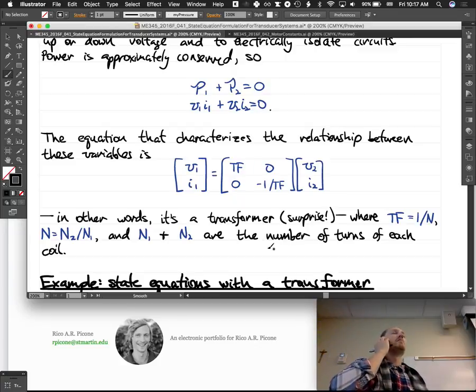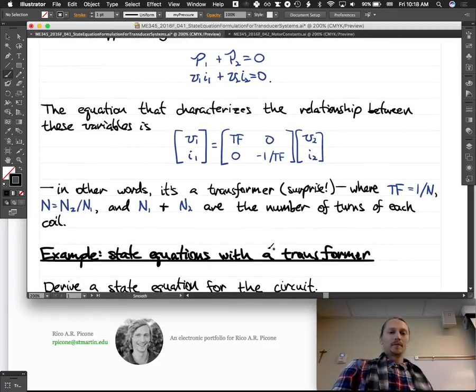So sometimes you just have to be able to tell from context what is being talked about. All right. And the transformer ratio is 1 over n, where n is equal to the ratio of n2 over n1, where n1 and n2 are the number of turns in each coil. So that's the theoretical transformer ratio.